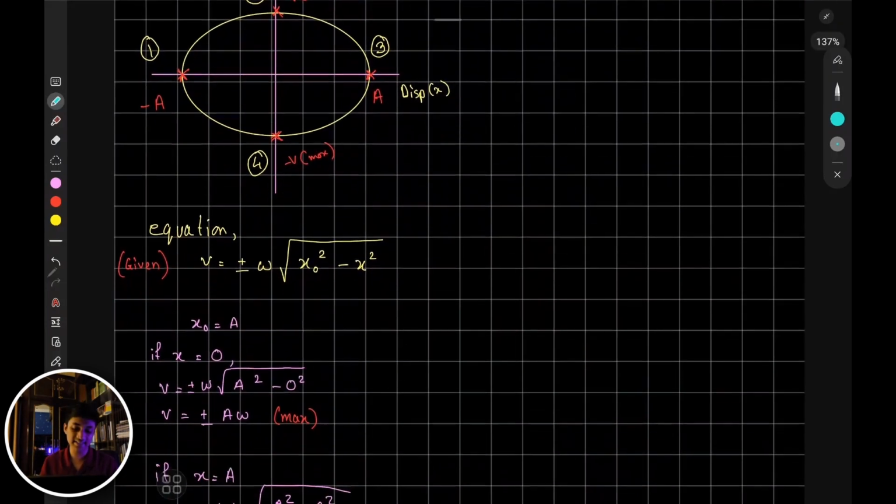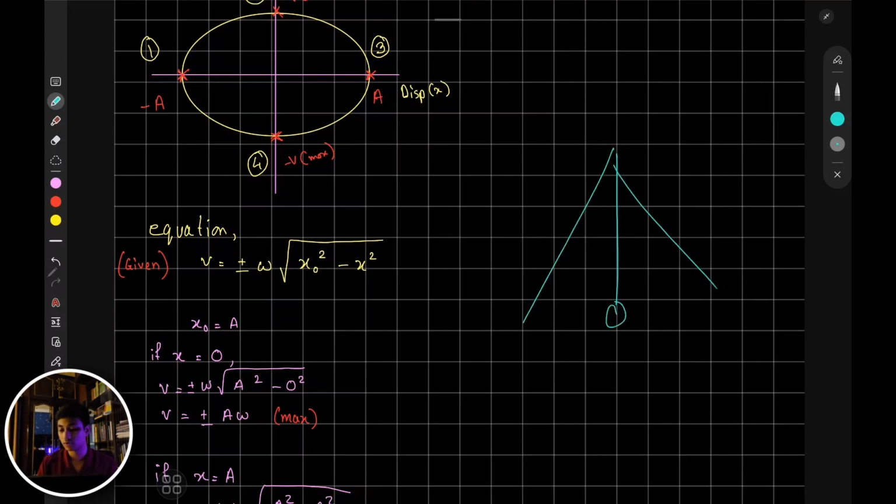So if I try and explain different variables in this equation, notice this is omega, which is a constant, and this is the angular frequency. This is plus minus. Velocity can be both positive and negative depending on which side your oscillator is at, right?